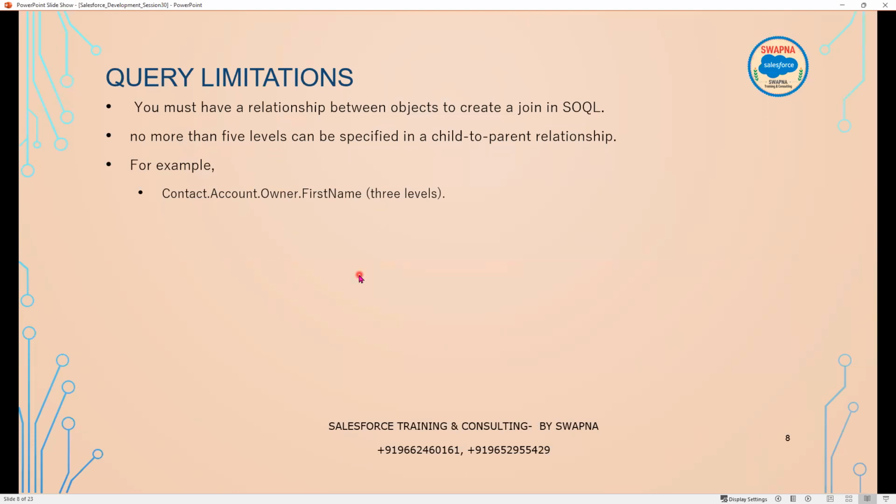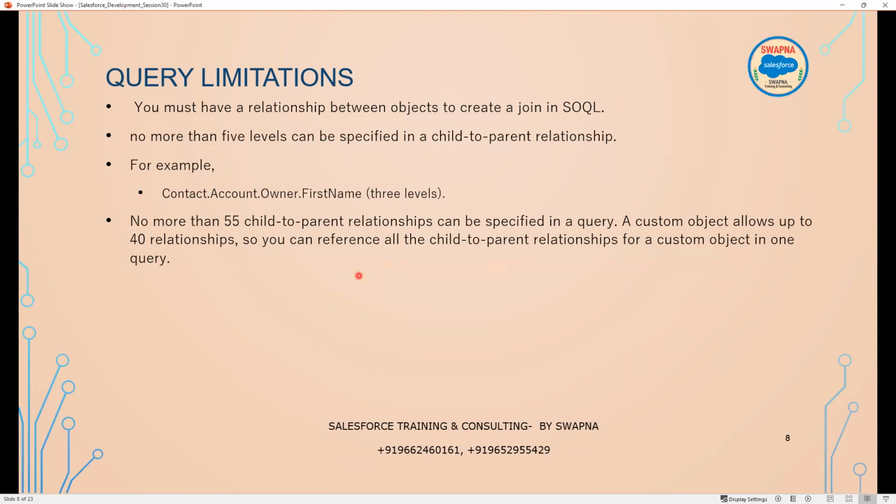And in the child to parent, whenever we are implementing a relationship, what is the limitation on how many lookup relationships I can implement between two objects?